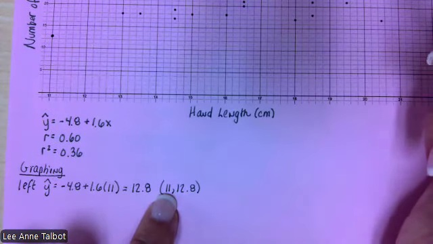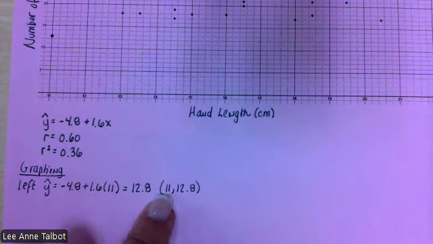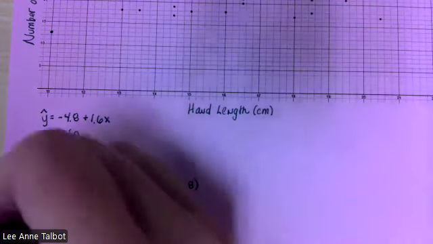That's going to be the left side of my line. Are you getting it? What's the right side of my graph paper? 23.